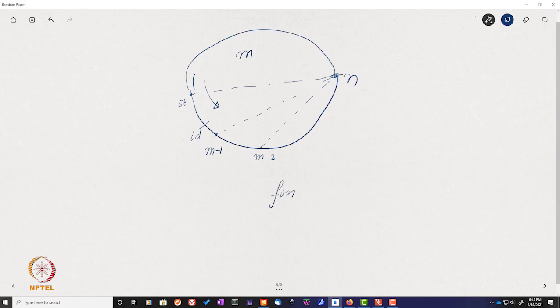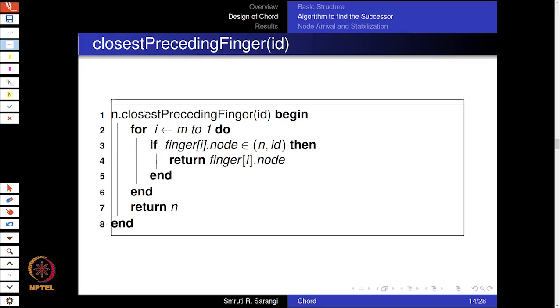If the match is for the ith finger, it means that the node of the ith finger is in between n and ID. The first time I find that this node is in between n and ID, I can simply return that as the result of my function.